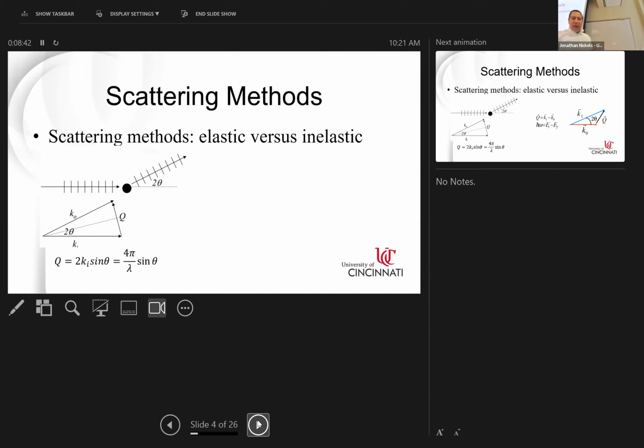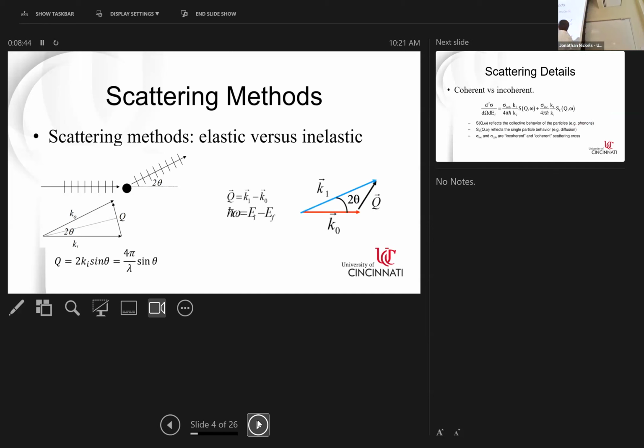Good. Now, what happens if the magnitude of that wave vector is not the same in the outgoing neutron? Your incoming neutron has a certain wave vector. Probably we should call this the incoming. Your outgoing then has got some change in its magnitude. It has changed velocity. So we're talking about the momentum being changed.